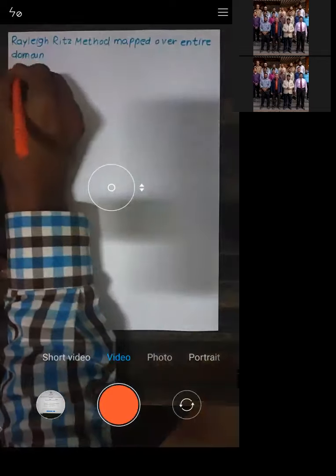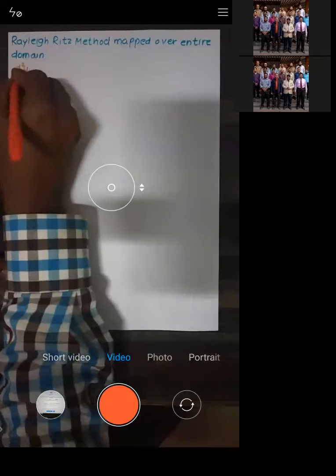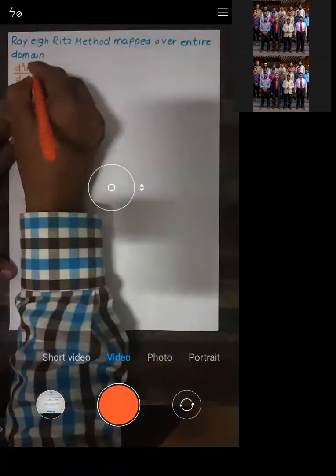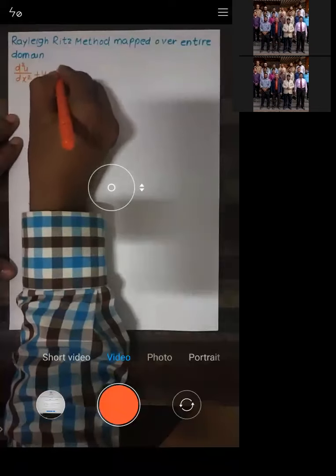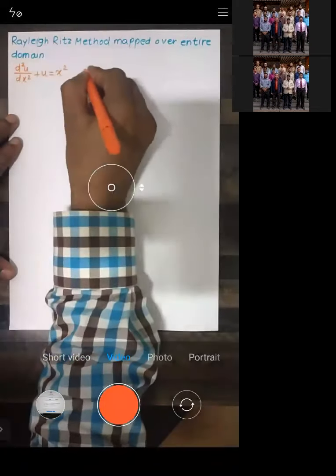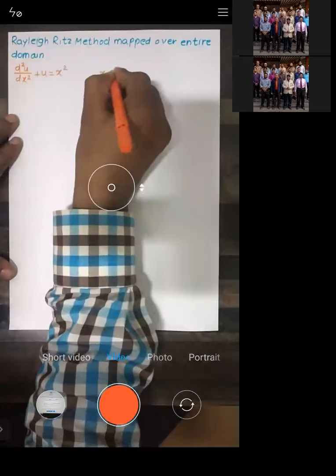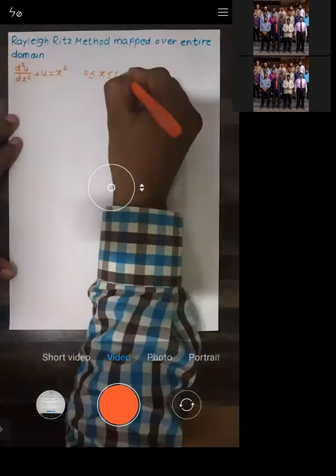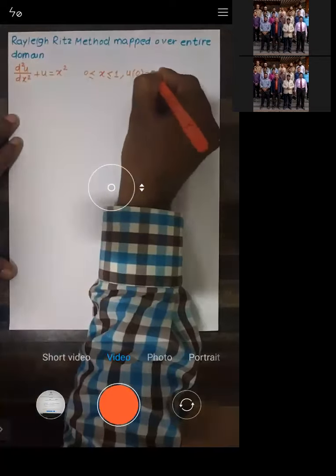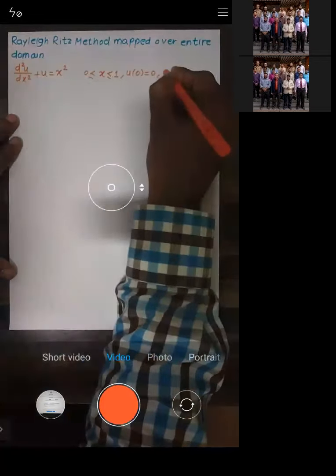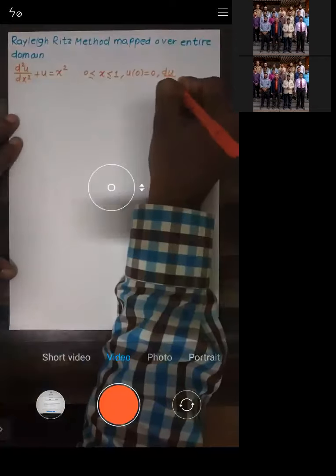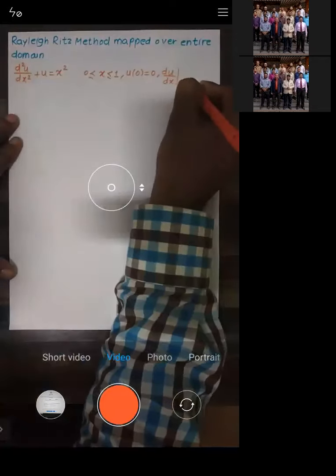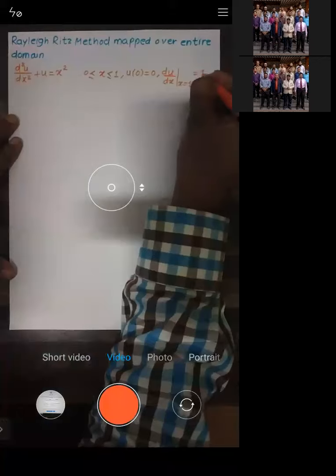The problem is d square u by dx square plus u is equal to x square for x ranging between 0 and 1. The value of u when x is 0 is equal to 0. The value of du by dx when x is equal to 1 is equal to 1.